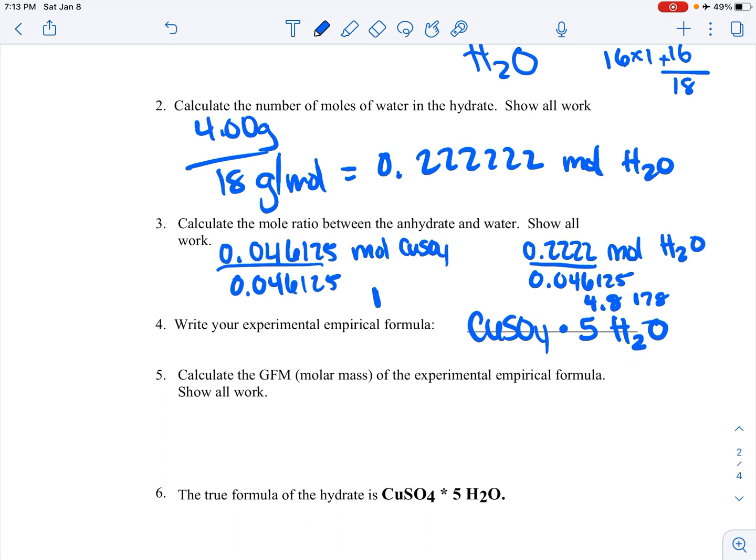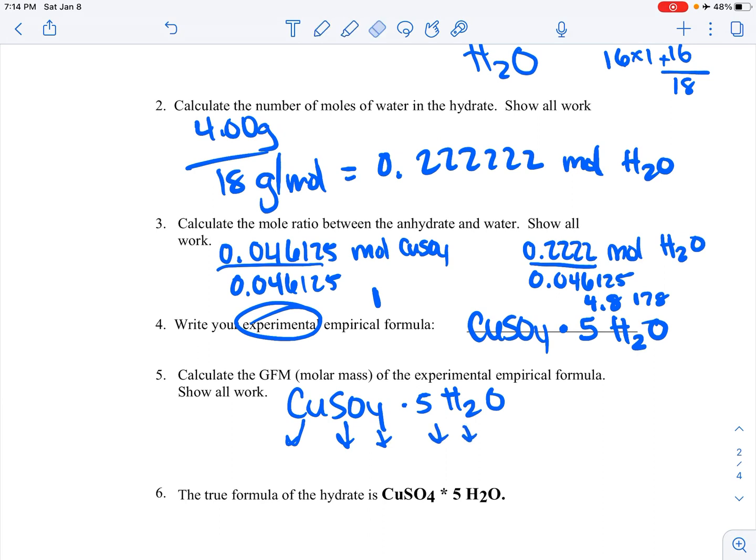Then it says calculate the gram formula mass of this, show all work. So this is my experimental. You might get something different with your lab data, and that's okay. I don't care if you get the right one or not. I want you to just go from there and use your data to guide your calculations. So I'm not going to calculate GFM for you, but in my experiment, we have this.